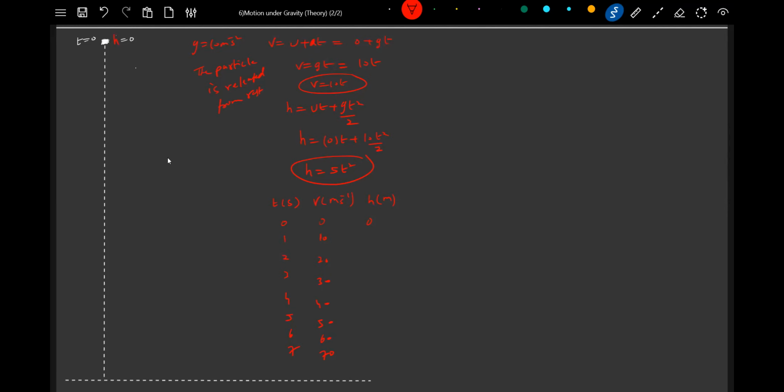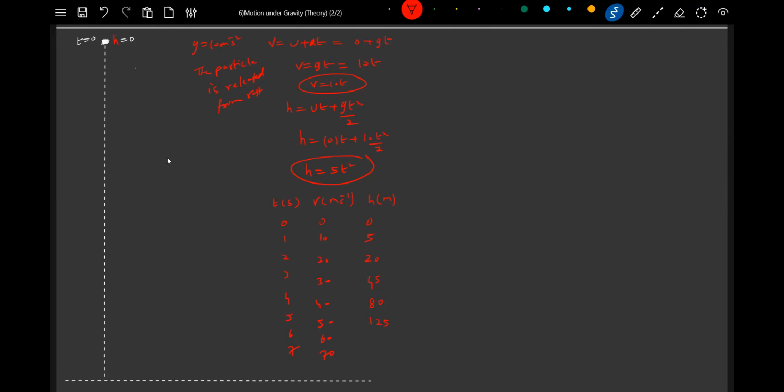T equal to 1, 5 meters. T equal to 2, 20 meters. T equal to 3, 45. T equal to 4, 16 into 5, 80. T equal to 5, 25 into 5, 125.